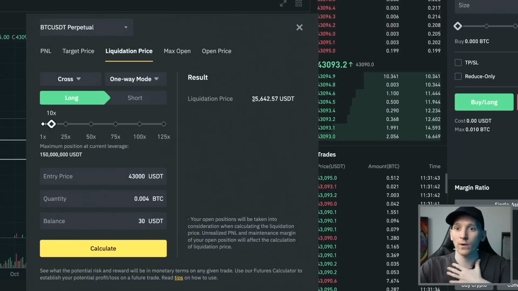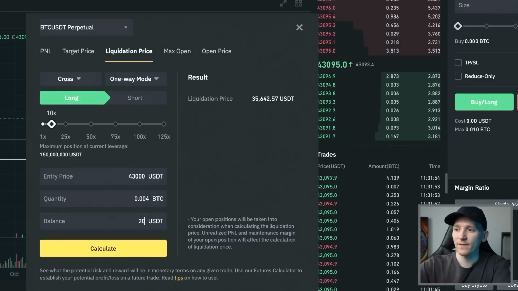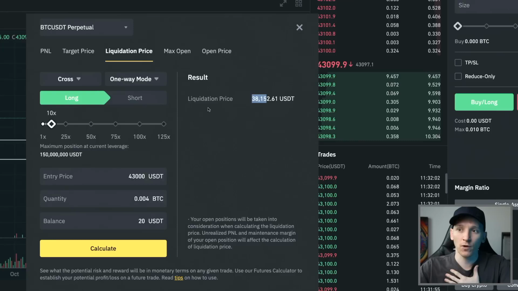That's fine because we know that we're getting out at 38,000. And so we know we have enough money to fund the position. If we put 20 in, this is too much. So we need more in the account. Otherwise, we're getting liquidated before our own stop loss. And so 10x leverage is too much risk.